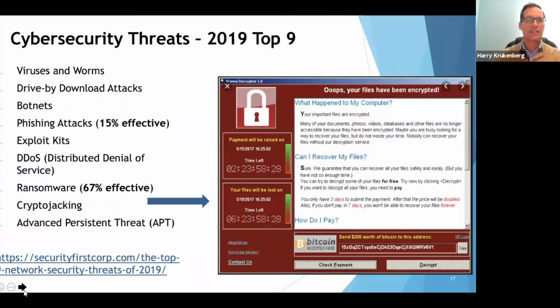So in 2019, 9 cybersecurity threats were identified, and most of these hold today, and if not in this order, in some similar order. Viruses and worms. We've all heard about viruses. We understand what viruses are.